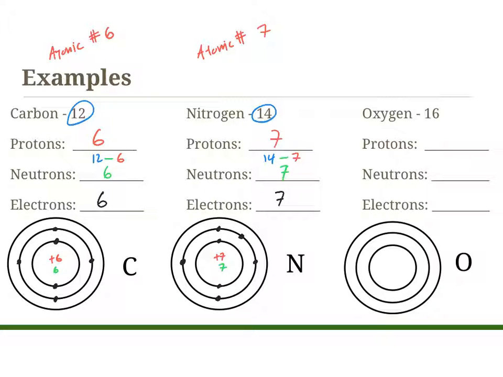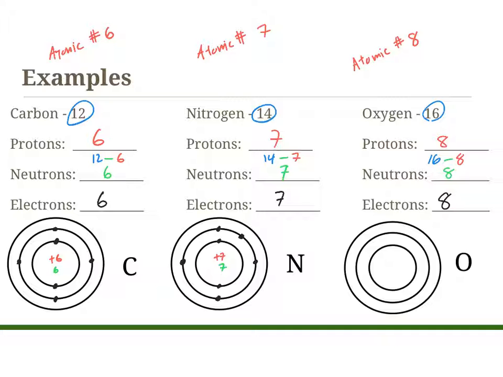And then with oxygen, the atomic number is 8. That tells me I have 8 protons, which means I also have 8 electrons. My neutrons are mass number minus atomic number, so it's going to be 16 minus 8, which gives me 8.